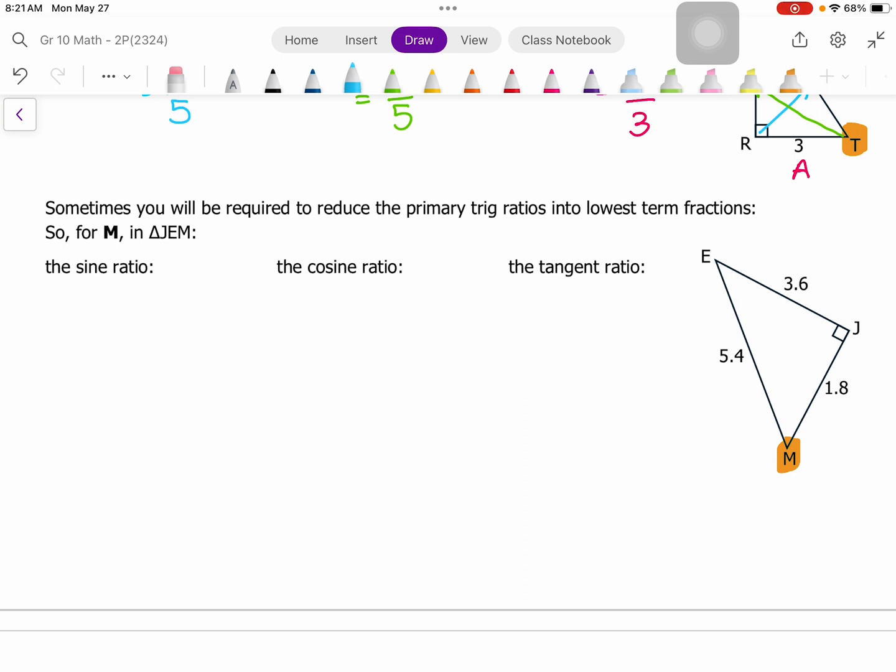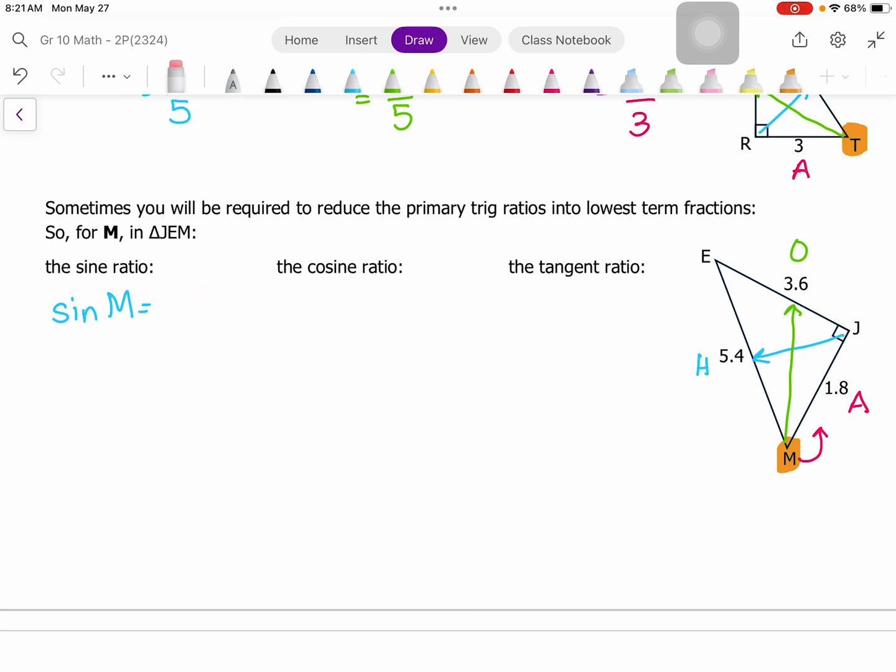Across from the right angle is the hypotenuse. Across from our reference angle is our opposite, and our third side, which is beside our reference angle, is the adjacent. So the sine of angle M is equal to opposite over hypotenuse. Opposite is 3.6 and hypotenuse is 5.4.